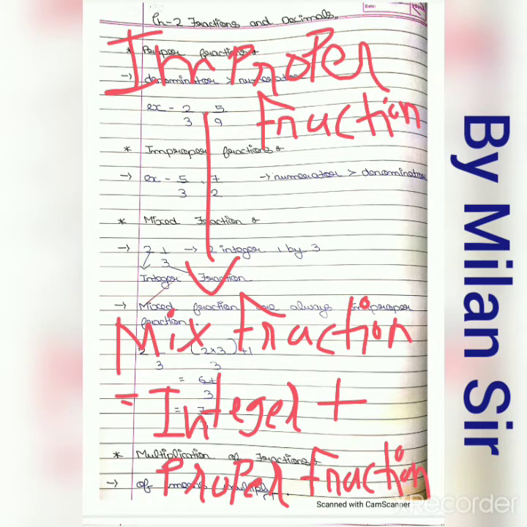Mixed fraction itself is the addition of integer plus proper fraction, but if we add these two, integer plus proper fraction, then it becomes an improper fraction. So we can say that mixed fraction is always an improper fraction. Okay, but mixed fraction is a combination of integer and proper fraction.